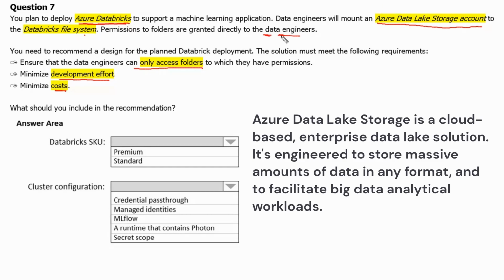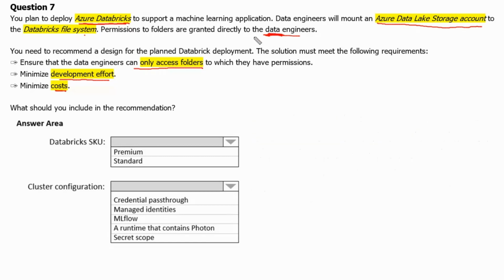In this question, the requirement is that data engineers need to authenticate from Azure Databricks to the Azure Data Lake Storage account using their own Entra ID account. Data engineers can authenticate automatically to Azure Data Lake Storage from an Azure Databricks cluster using the same Microsoft Entra ID identity that they use to log into Azure Databricks.